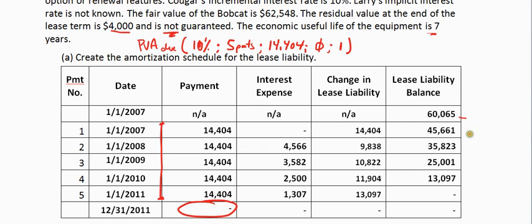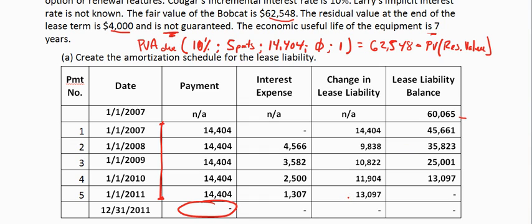I can't remember if I did that with a factor or a calculator, but this is less than the 62,548, and it should be. It should be 62,548 minus the present value of the residual value, because that's the part we aren't capitalizing.